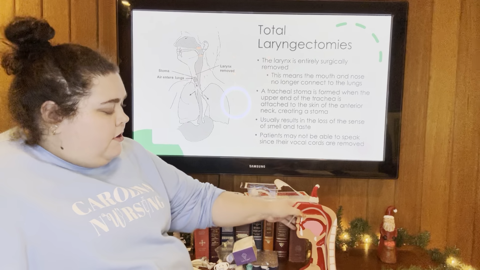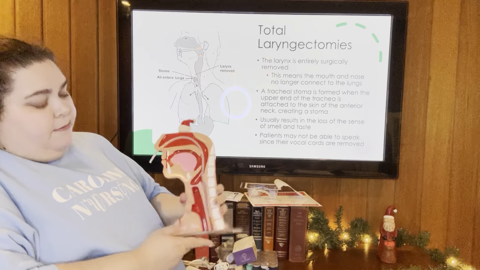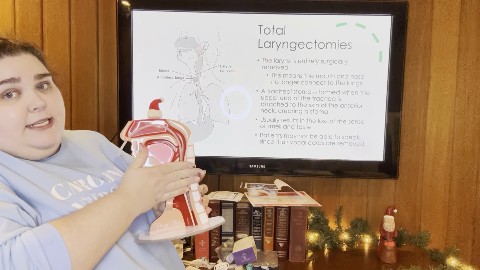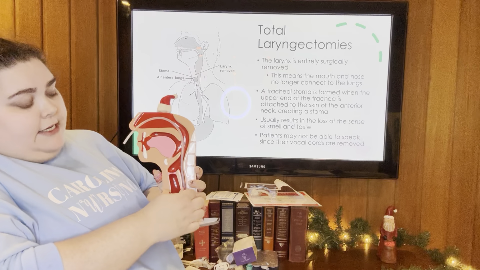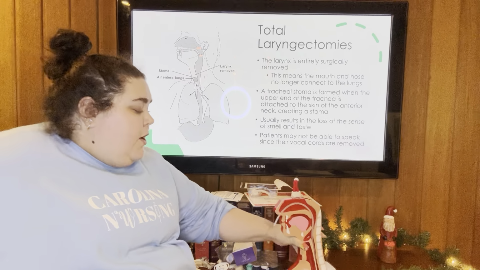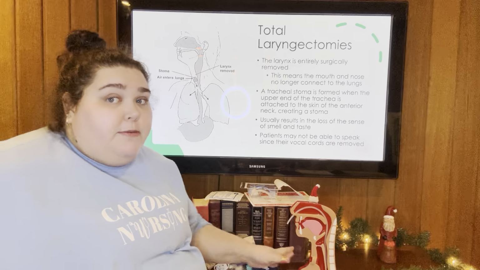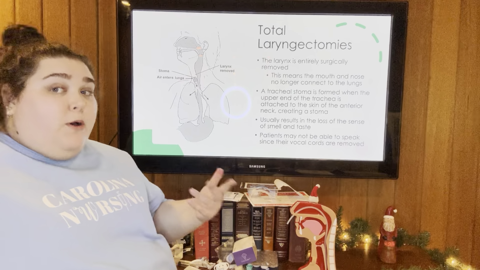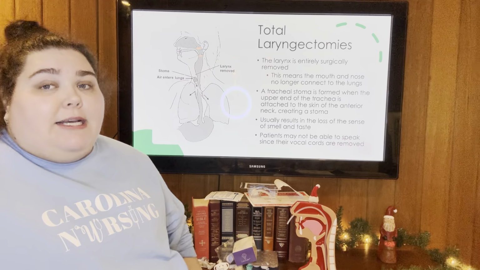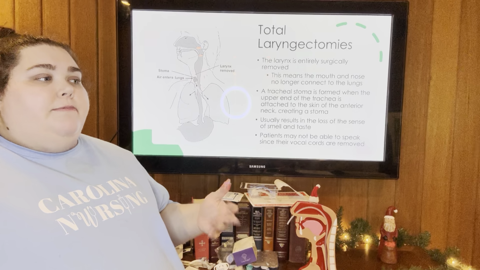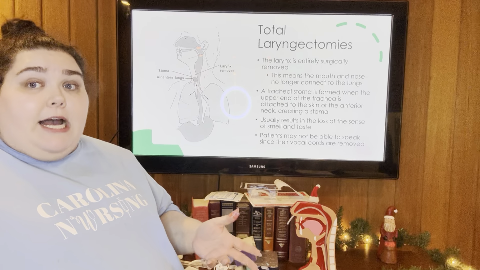So instead of on Tracheostomy Tom, this being how his trachea looks, he's going to be missing this entire piece, and the top of the airway here is pulled out onto the skin. So that is why laryngectomy patients don't have to have a tube. Their stoma will stay mostly open without one because it's not the same incision into the trachea like a tracheostomy is.